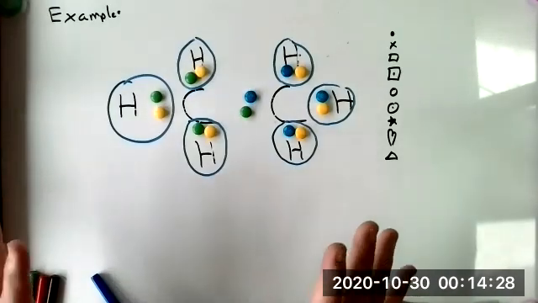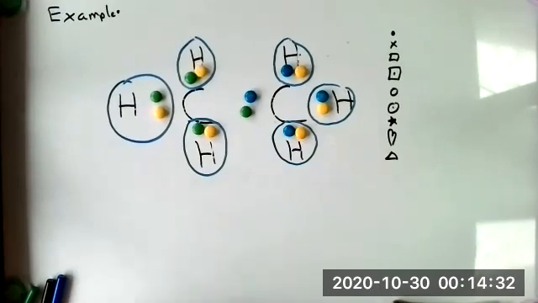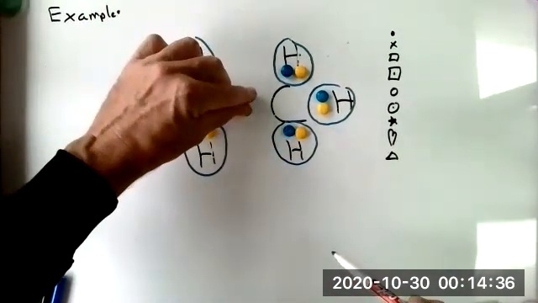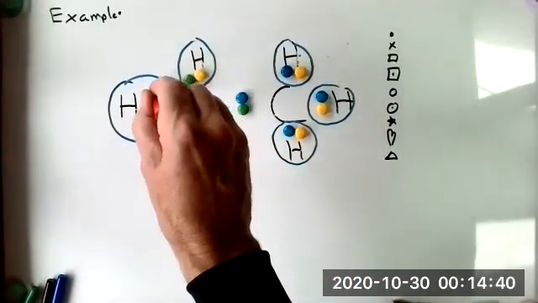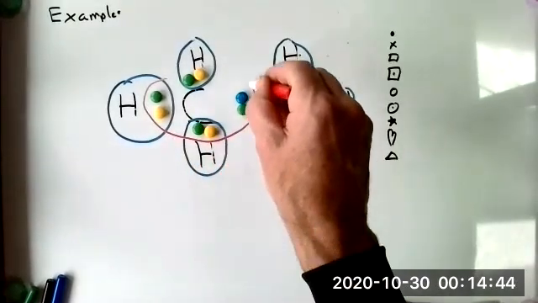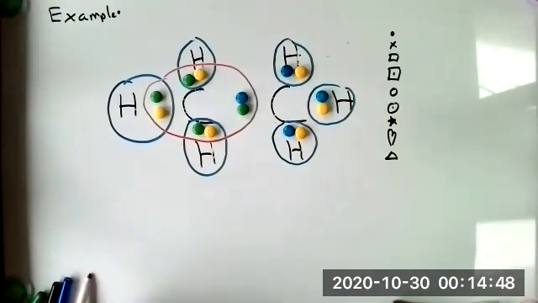Counting the carbon valence now. This carbon right here, if I look, well, there's 2 of those, there's 2 of those, here comes these 2, here comes those 2, and boom, he now has his 8.